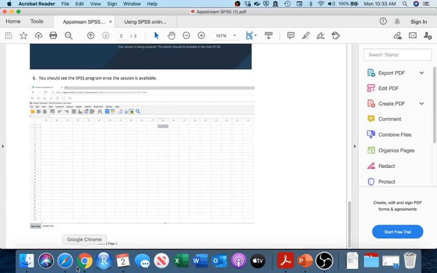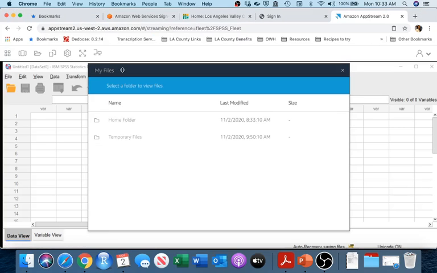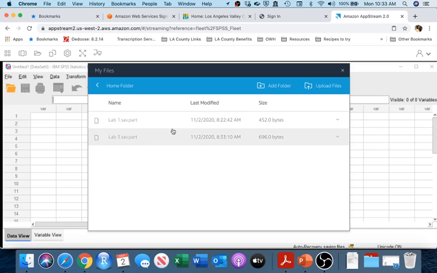In order to upload a lab, we want to press Files and then your home folder and then Upload Files, right? You need to download the lab from the module in Canvas and then upload it here. I already did that.